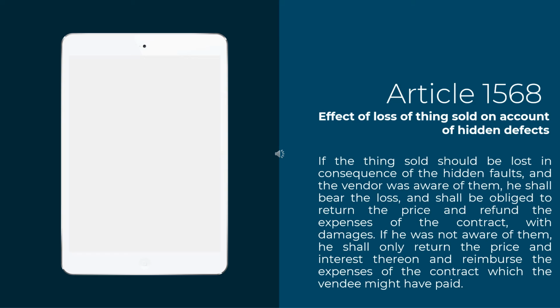Now, if he was not aware of them, he shall only return the price and interest thereon and reimburse the expenses of the contract which the vendee might have paid. So basically, these are the cases of losing the things sold on account of hidden defects.